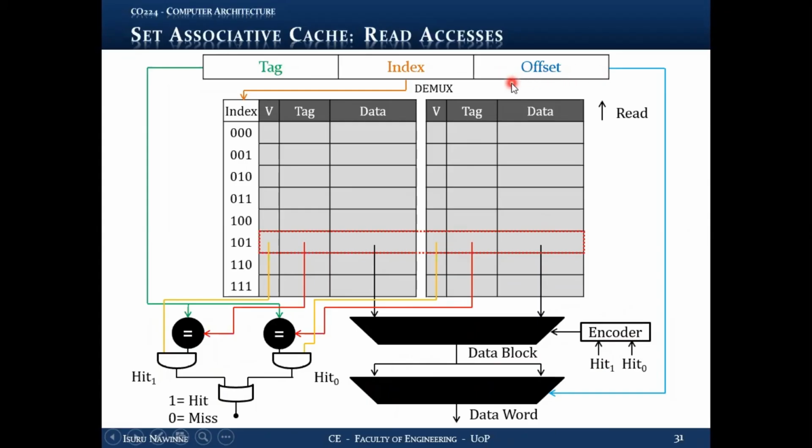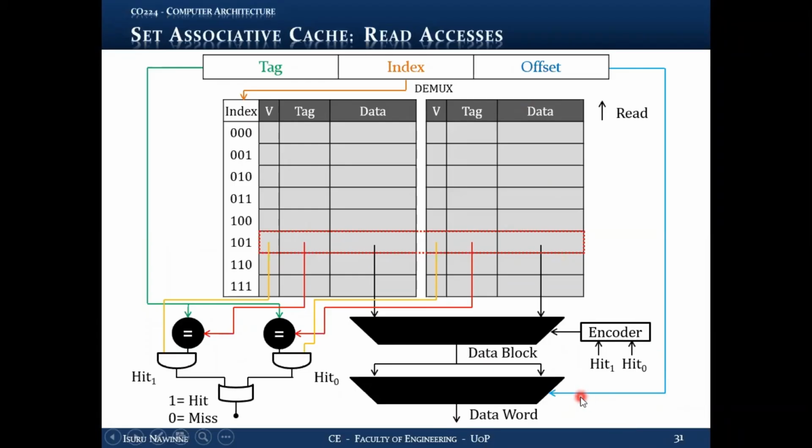So in our example, if we have two words in a block, then you have to use the most significant bit of the offset field as the select signal here to select one out of these two. If you have more than two data words in a block, then you need to use multiple significant bits of the offset signal, right, to select the correct data word.